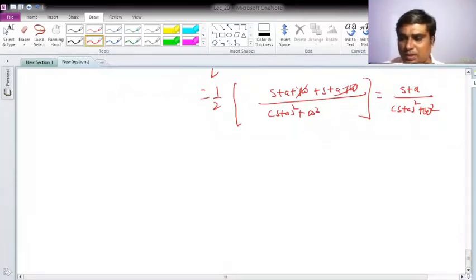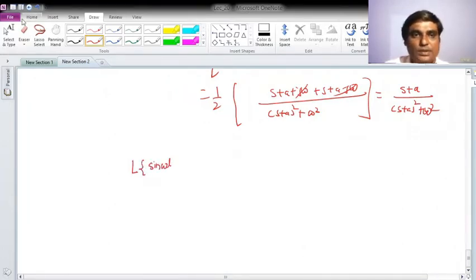Similarly, the Laplace transform of sine omega t, that is already done. I would like to find the Laplace transform of e raised to minus at sine omega t into u of t.